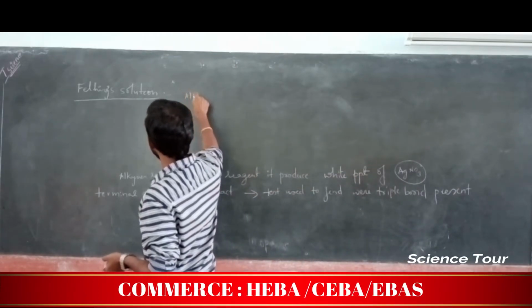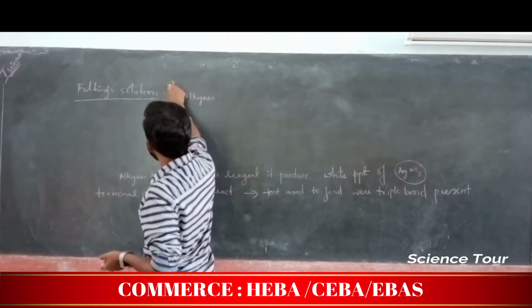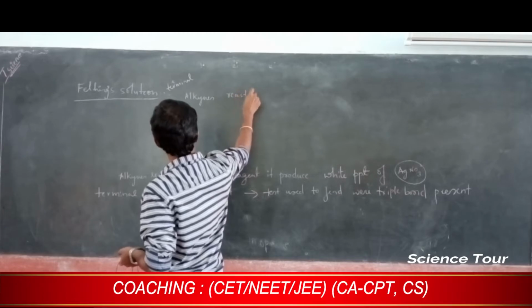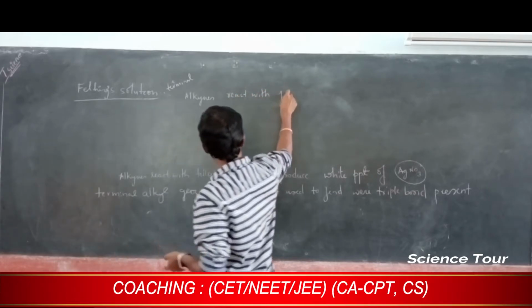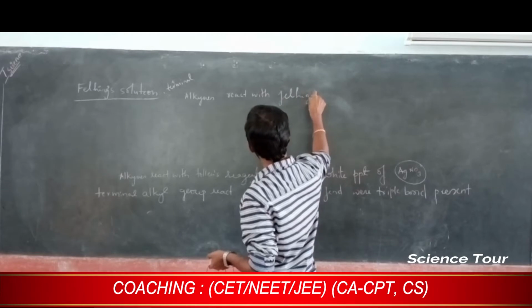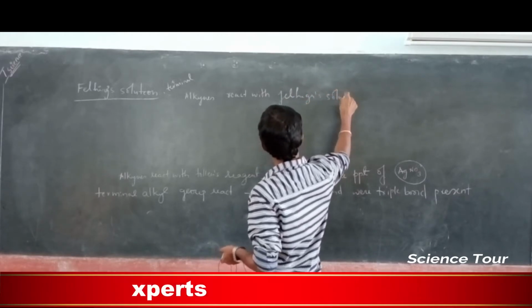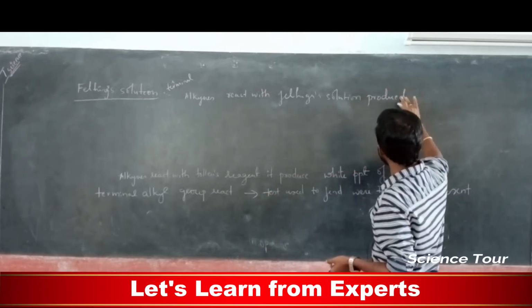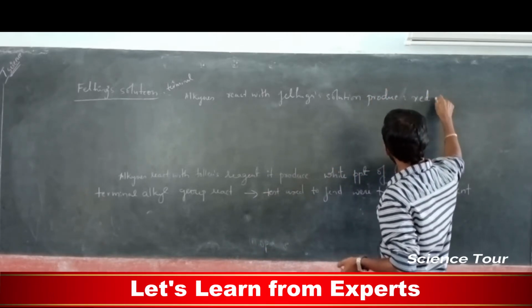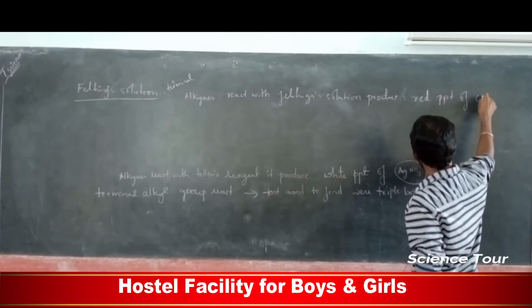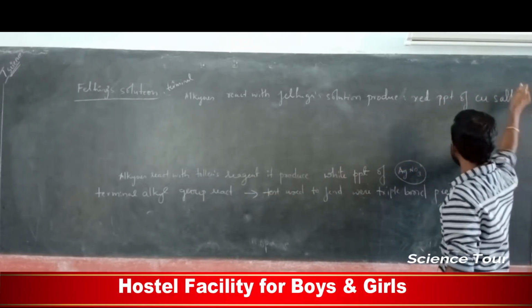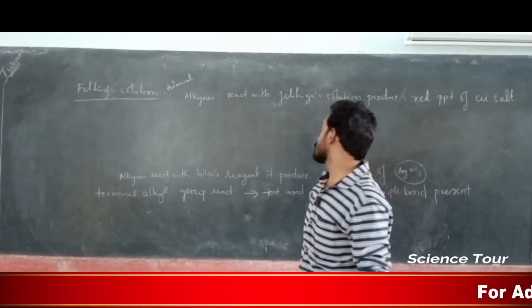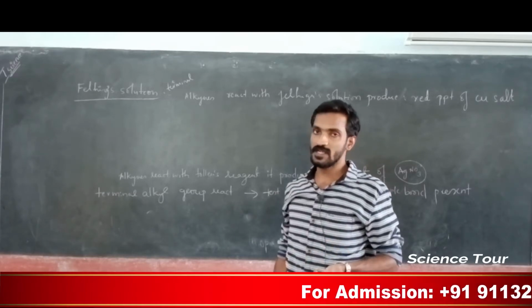Terminal alkynes react with the Fehling's solution and produce a red precipitate of the copper salt present in the Fehling's solution.